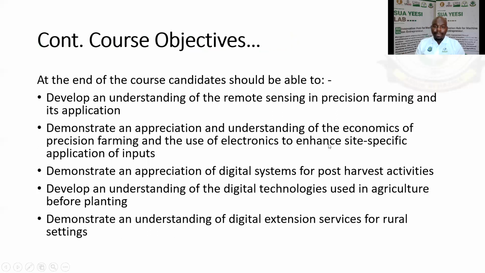And now, with this section, we'll develop an understanding of remote sensing in precision farming, demonstrate an appreciation and understanding of the economics of precision farming and the use of electronics to enhance site-specific application of inputs, and then demonstrate an appreciation of digital systems for post-harvest activities, develop an understanding of digital technologies in agriculture before planting, and this is quite important, and then demonstrate an understanding of digital extension services for rural settings, making sure these technologies are available.